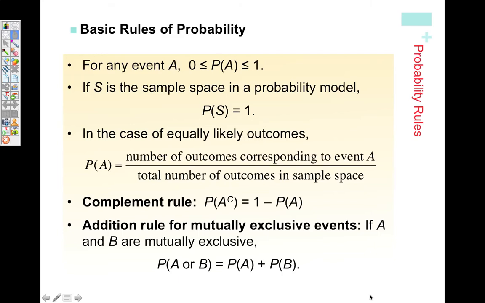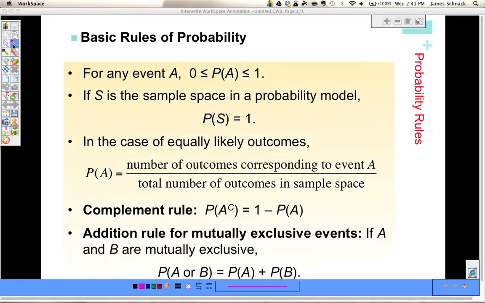So here's some notation for this. For any event A, probability of A is between 0 and 1. If S is the sample space, the probability of S is equal to 1. Probability of A is the possible ways to get A divided by the total things. The complement rule: the probability of A complement is equal to 1 minus the probability of A. Another way that you see this written is probability of A apostrophe.